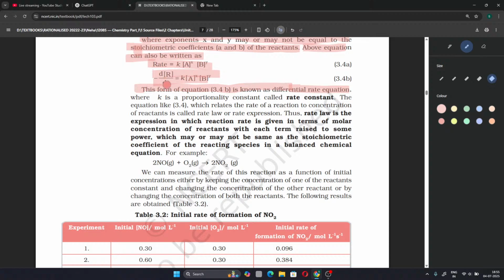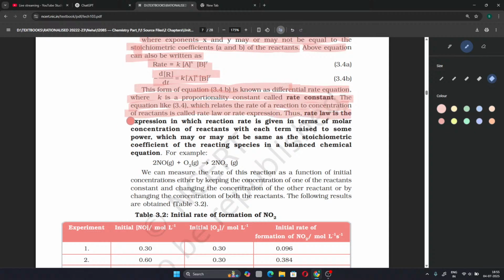This form, equation 3.4b, is known as the differential rate equation, where k is the proportionality constant called the rate constant. Equation 3.4, which relates the rate of reaction to concentration of reactants, is called the rate law or rate expression.